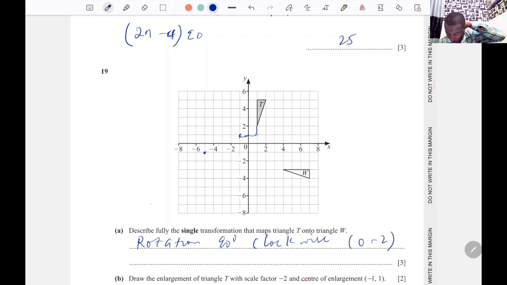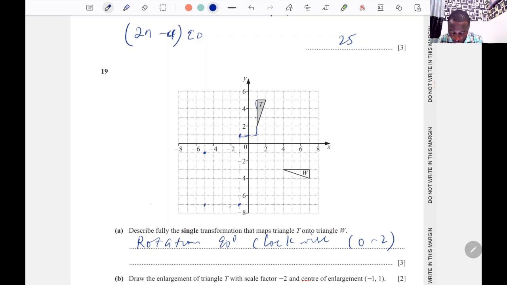Now the next one is to know from this particular angle here. I have 1, 2, 3, 4, so at this point I'll count 8: 1, 2, 3, 4, 5, 6, 7, 8. So this is my point. Then I'll count to the left: 1, 2, 3, 4.